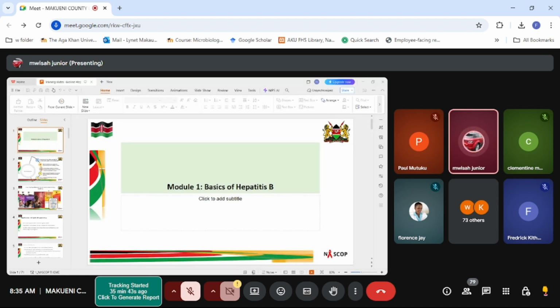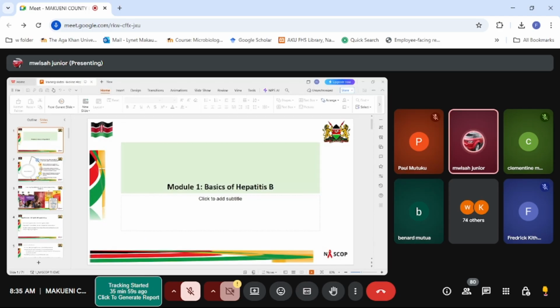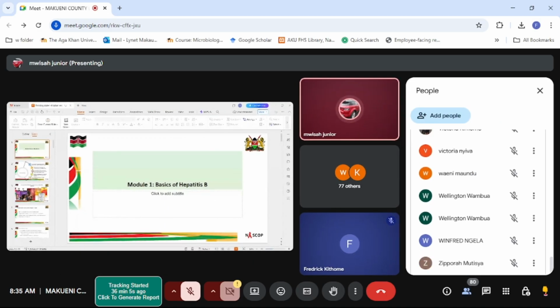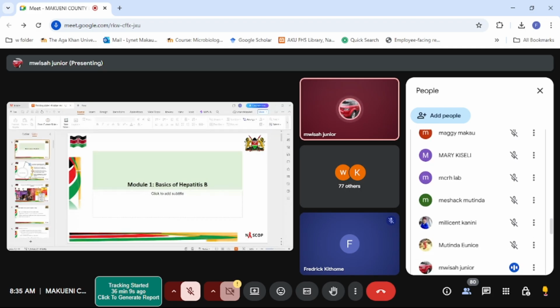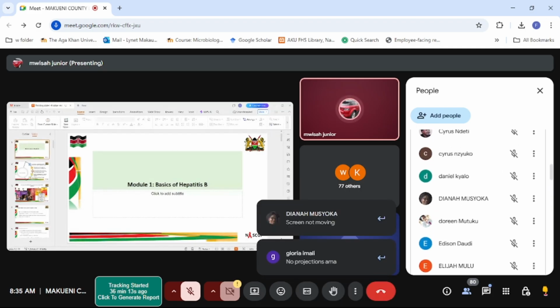That is why we are calling it the triple elimination, because we are eliminating the three diseases, HIV, syphilis, and hepatitis B. It is stated in ANC service delivery to do multiple tests, care, and treatment. The key pillars here are primary prevention, timely testing, effective treatment or prophylaxis, and timely data reporting through KHIS.